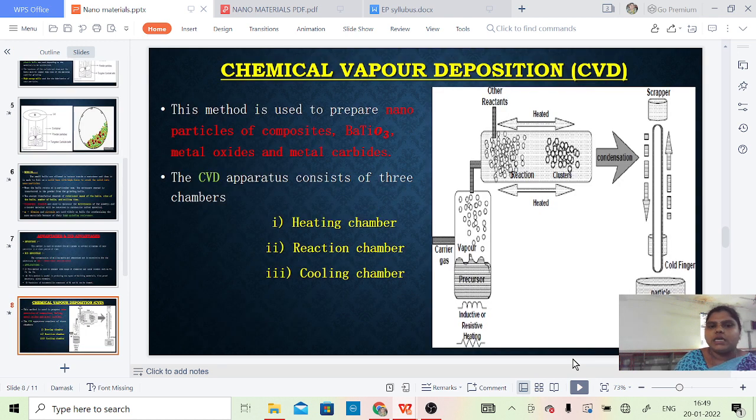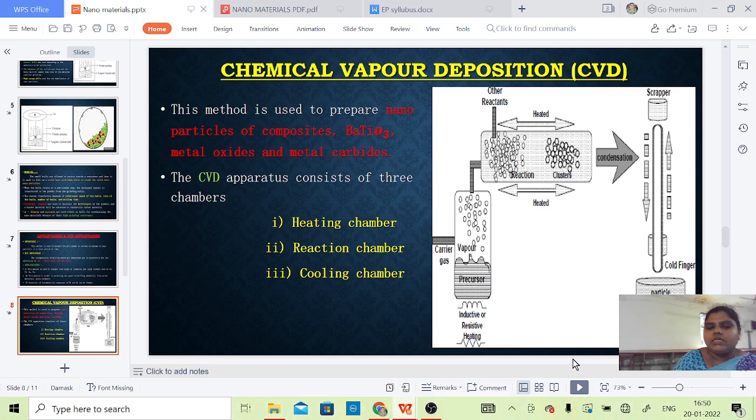Okay, and next, what is chemical vapor deposition, which is the example for the bottom-up approach. This method is used to prepare nanoparticles of composites, metal oxides and metal carbides. The CVD apparatus consists of three chambers. One is the heating chamber, the second is the reaction chamber, and the third is the cooling chamber.